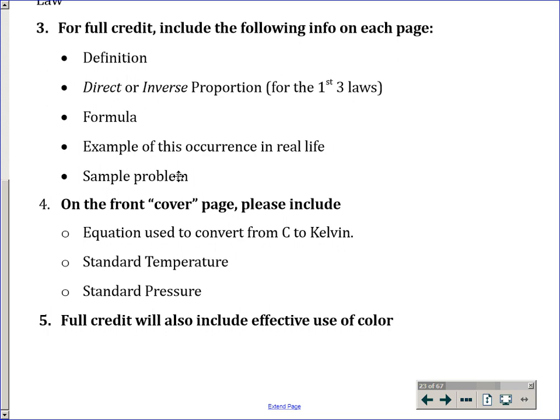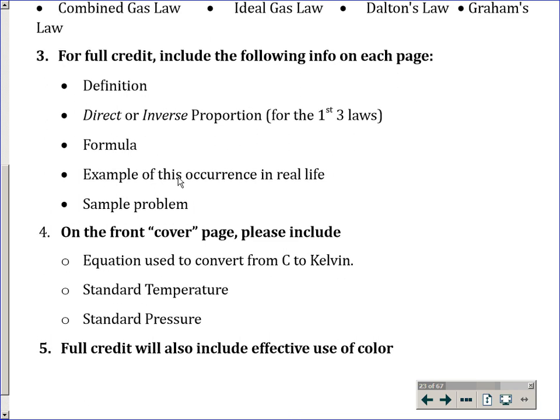And then you have on the front this information, including effective use of color. This is not just a copy situation. Go through your notes.